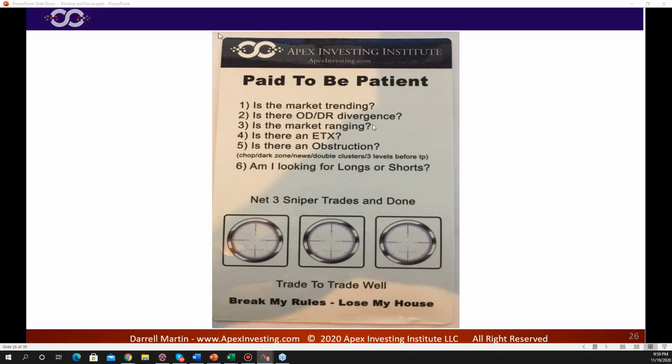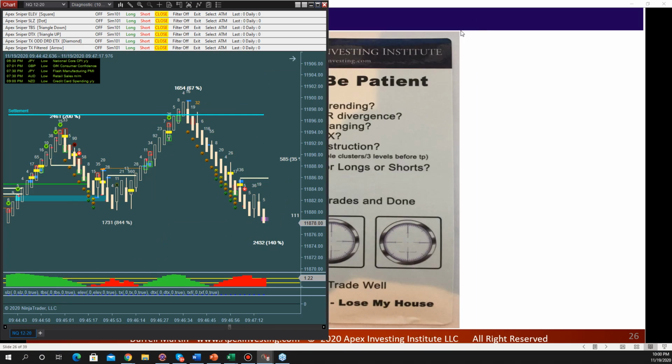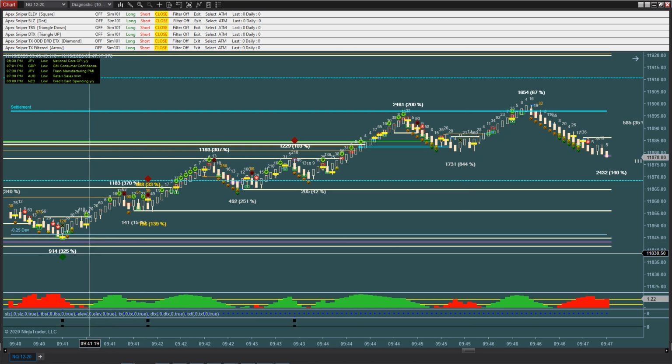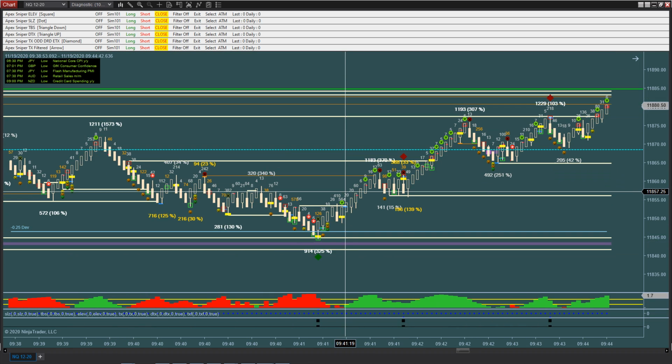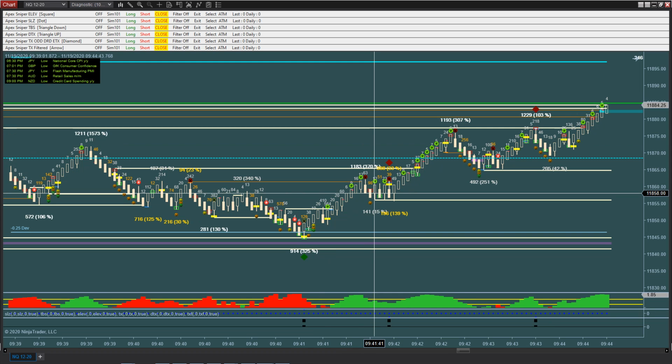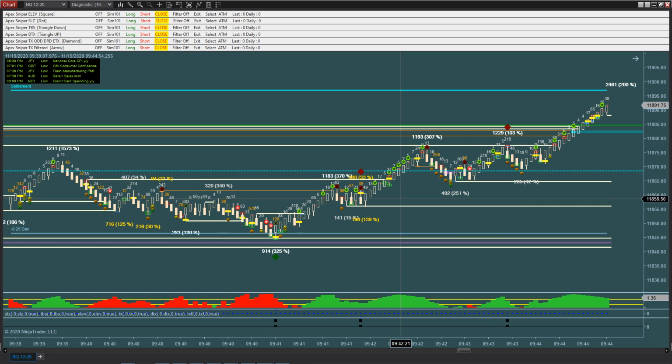Because think about it like this. If I'm watching this market right here, like a random example, I just grab a chart real quick. Okay, so let's say this was live, right? Let's say it was live, and I'm watching this chart, and I'm asking myself a question. Is the market trending? Yes. Is the market divergent?